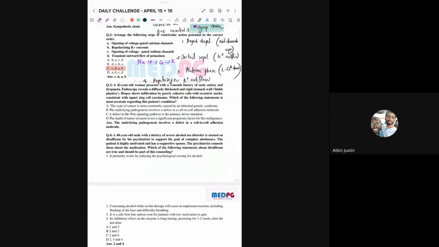A 42-year-old woman presents with a 3-month history of early satiety and dyspepsia, with a diffusely thickened and rigid stomach. This is linitis plastica. Okay, it is also called signet ring cell carcinoma, or leather bottle stomach. All these are one and the same.